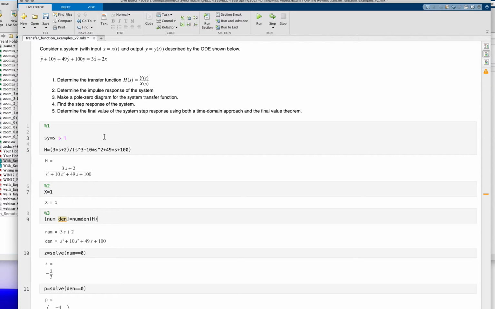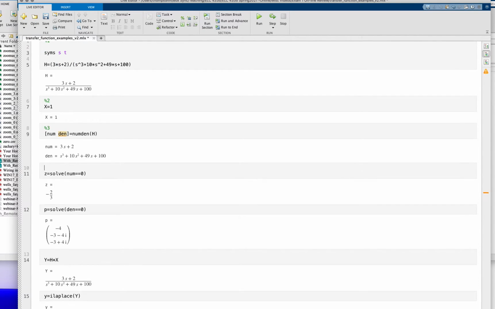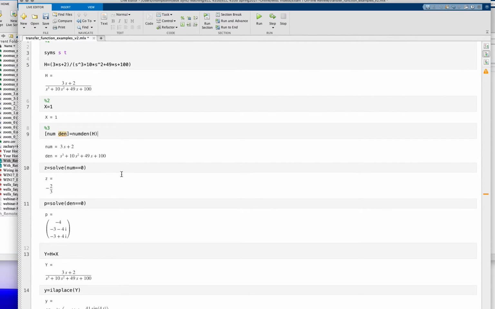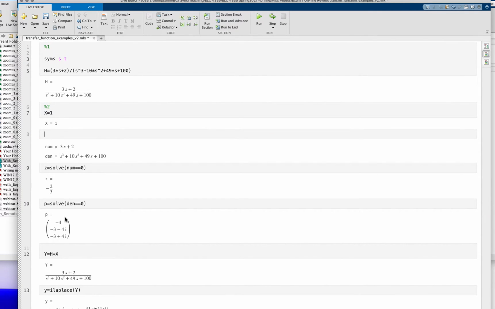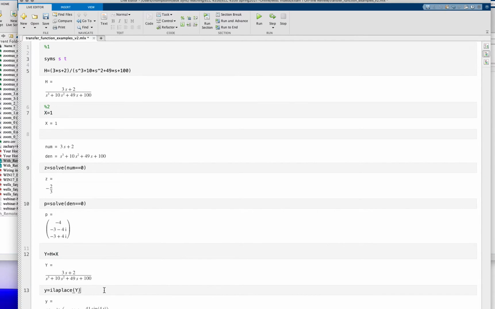Next, we want to find the step response of the system. So let's go to part 4. Let's make it at the end of this. These are out of order, but you get the idea. This stuff needs to move to the end.